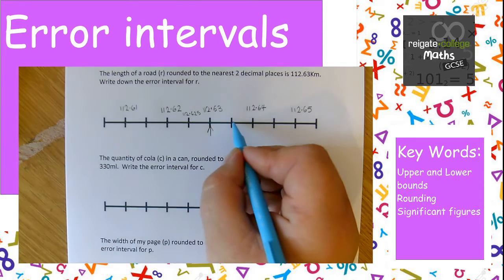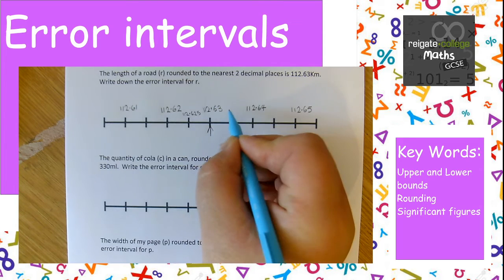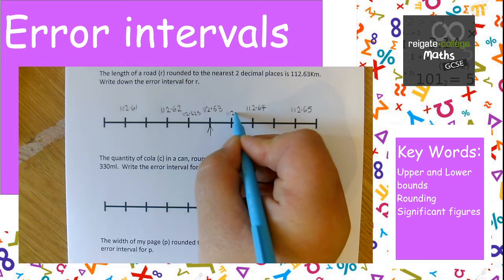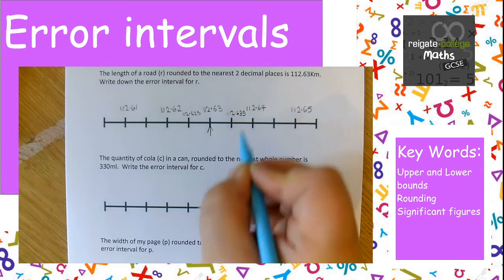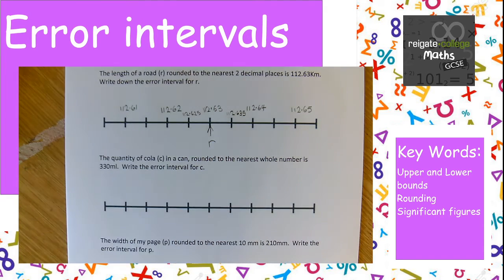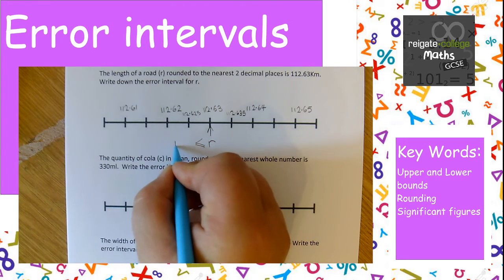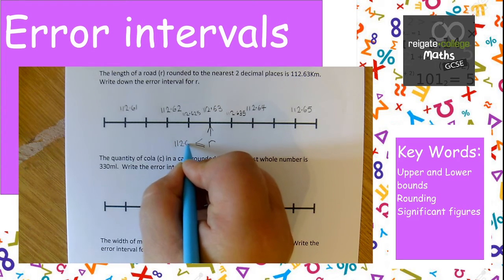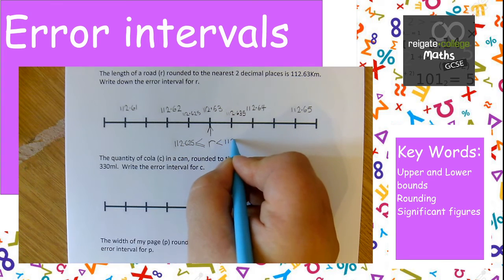And the point of crossover above our target amount is 112.635. So the error interval for the length of my road R is greater than or equal to 112.625 but less than 112.635.